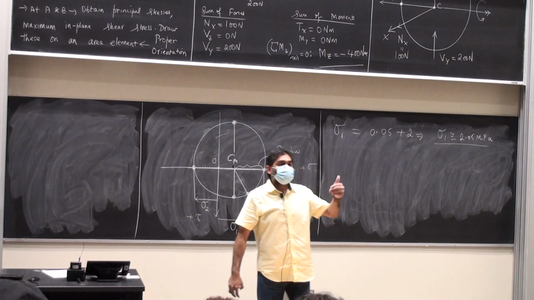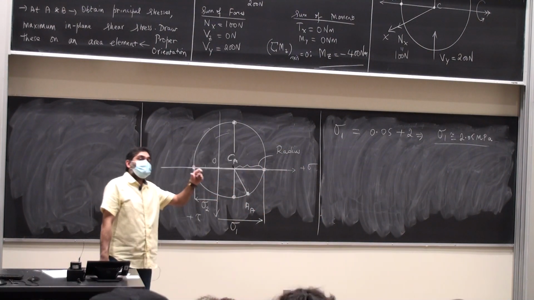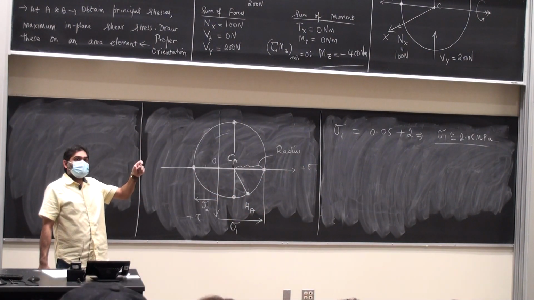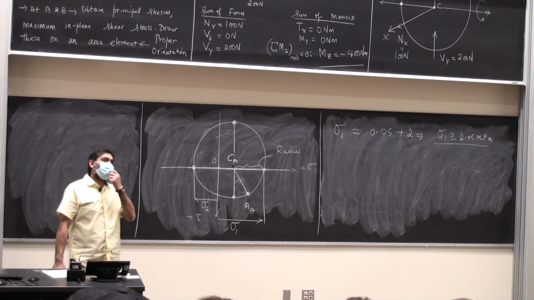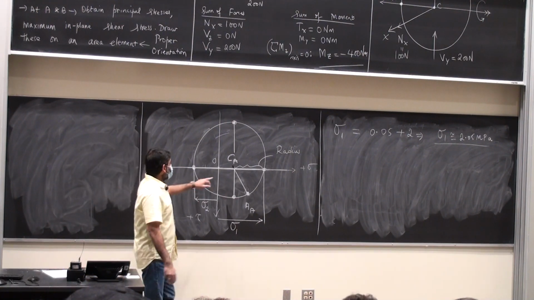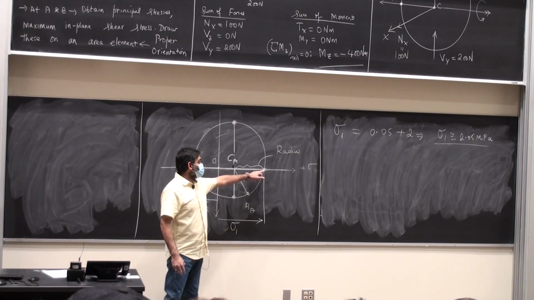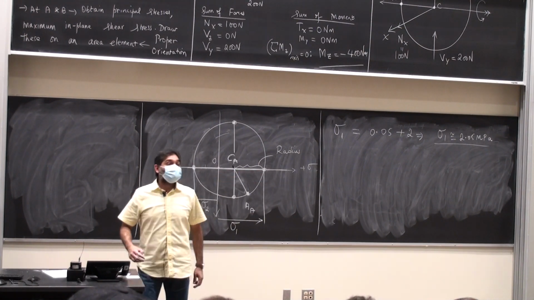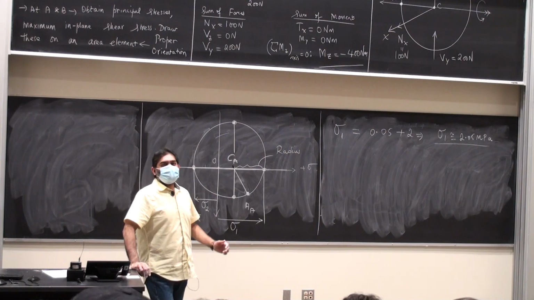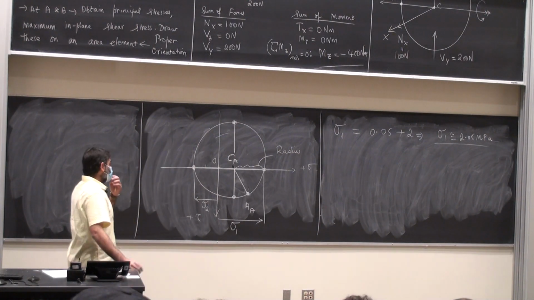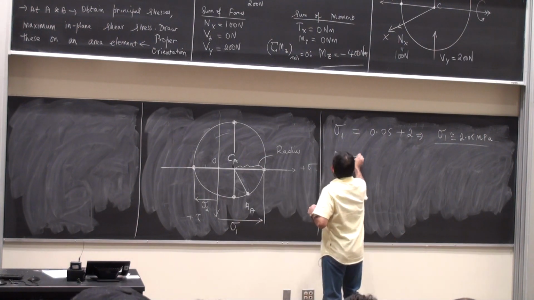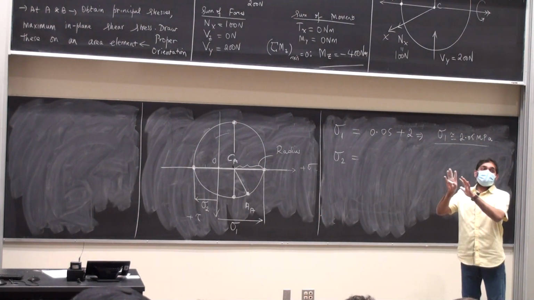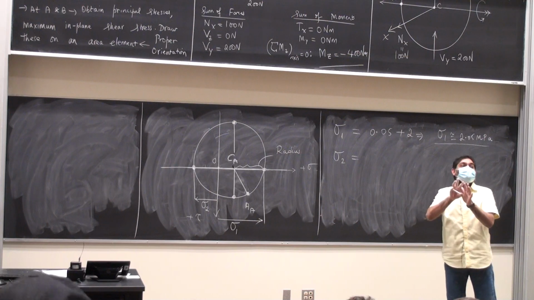The distance from point O to point C, the origin to the point C, was the center location that we calculated as (sigma xx plus sigma yy) by 2, which was 0.1 divided by 2, which is 0.05. Then the distance from point C to any other point on the outermost circumference is the radius. That's going to be 2 megapascals approximately, which we calculated. Sigma 2 is a little more tricky. You first have to recognize, is sigma 2 on the positive or the negative sigma axis?